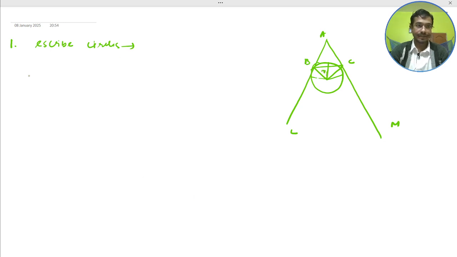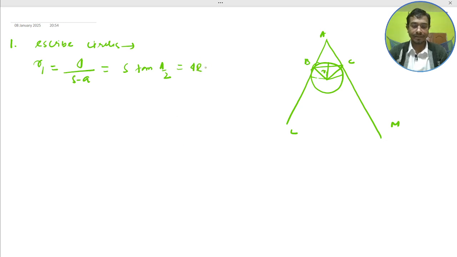So in that case r1 would become Δ by (s - a), which is s tan A/2, and this is also important for JEE Advanced. These sections are not in your board exam; I just mention here, this is for JEE Advanced and JEE aspirants.